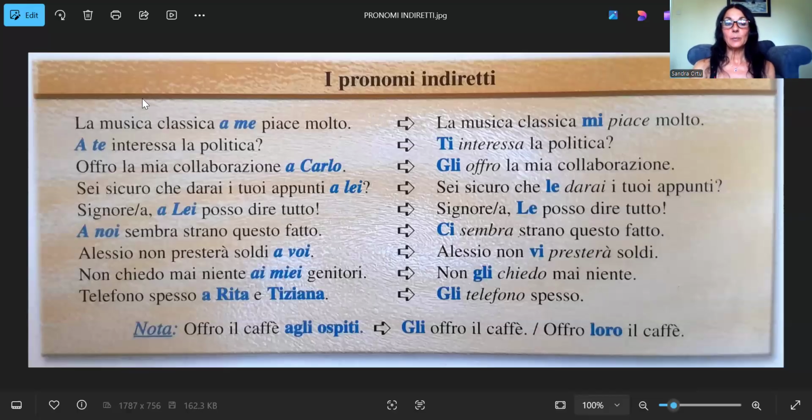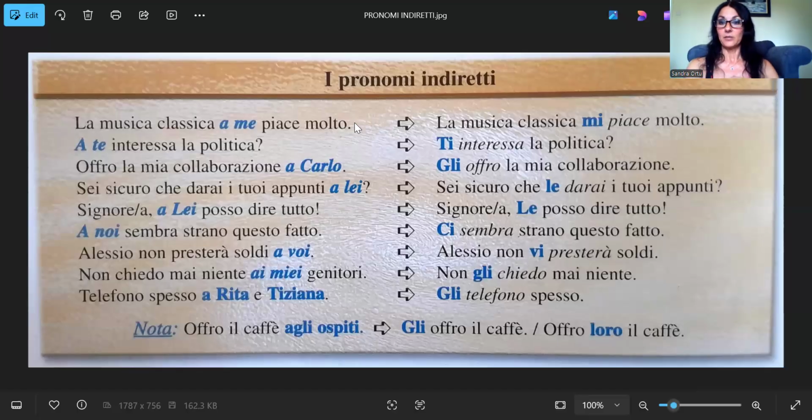So here we have la musica classica a me piace molto. And here la musica classica mi piace molto. So with the weak form, you're just giving information about your taste, really. Instead, with the strong form, a me piace molto, the context could be that somebody said, I don't like classical music.